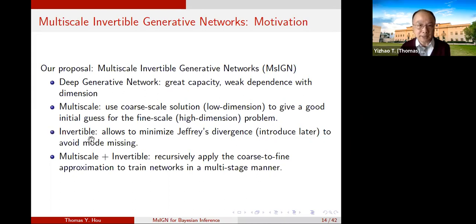So using invertibility, we are able to use importance sampling to train a deep generative network using the Jeffreys divergence as the discrepancy. So the main feature is that we use a multi-stage, multi-scale structure plus an invertible transport map, so that we can recursively train the network from coarse to fine in a multi-stage manner. That is really the key to our approach.